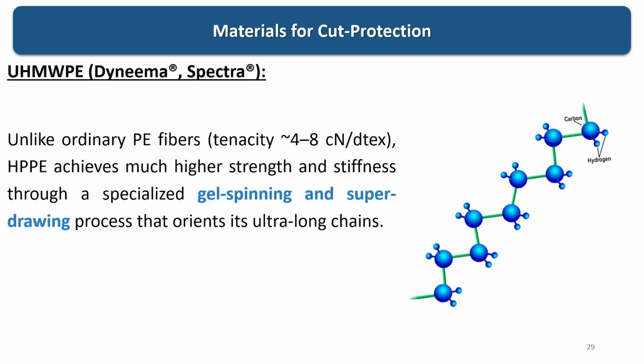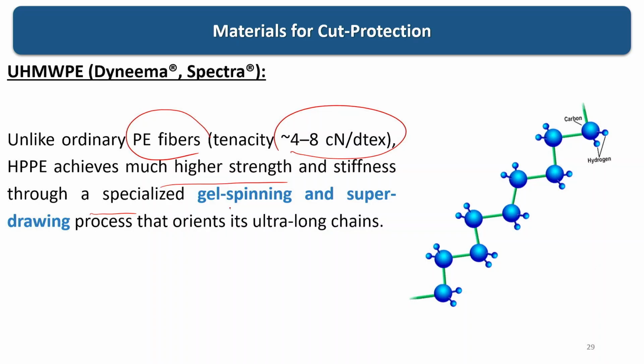So, ordinary polyethylene fiber typically has a tenacity of 4 to 8 centinewton per decitex. But in the case of HPP, like ultra high molecular weight polyethylene, we achieve very high strength and stiffness through a specialized spinning, that is gel spinning and super drying process.